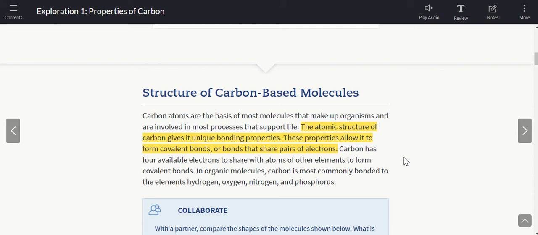Now, when we look at these specific types of molecules, the carbon atoms that are forming are most likely to bond with hydrogen, oxygen, nitrogen, and phosphorus. And the combination of those 5 elements is going to make up almost every single structure found in a living organism.